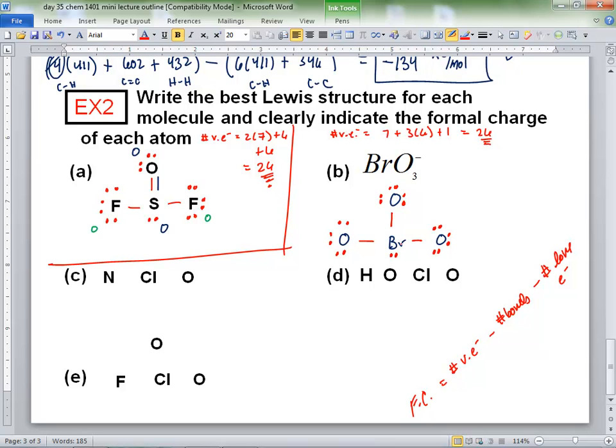Now you've got 26. So you need a lone pair on the bromine to get 26 electrons, because you've got 8 and 8 is 16 and 8 is 24. Is it 26? Because you have to add one. It's BrO3 minus. Plus would be short one.